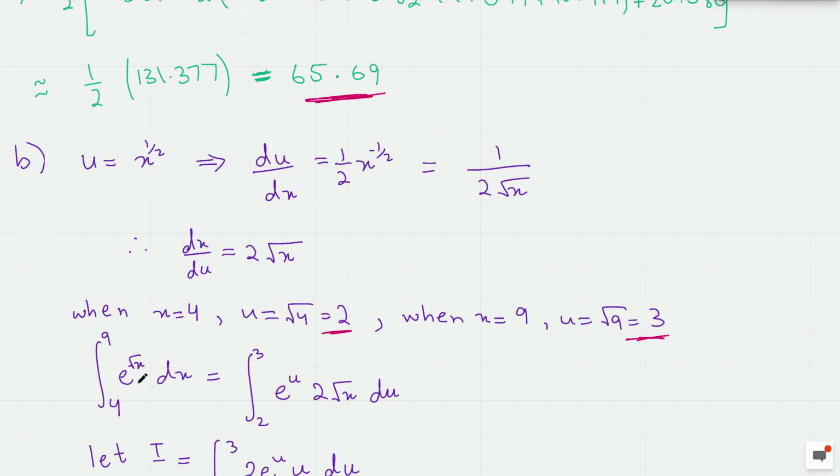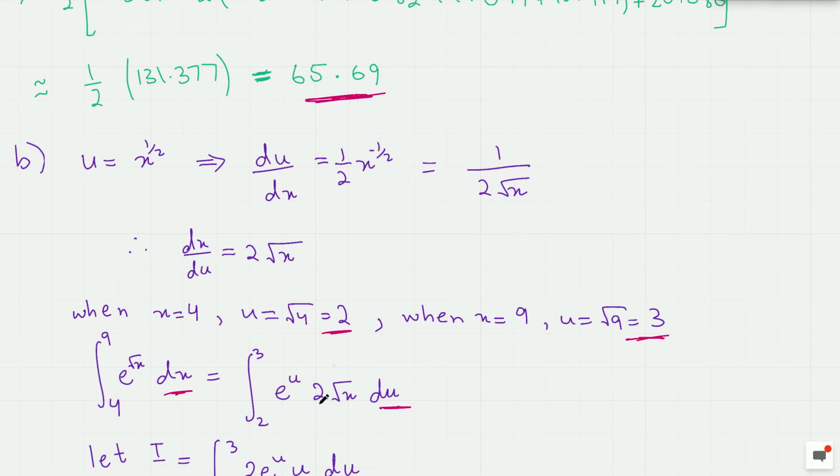Now, for integration by substitution, we write the exact same formula, but in terms of u. And we also have to change the limits because now we will be integrating with respect to u and not with respect to x. So the limits are 2 and 3, and then e raised to u because the root of x is equal to u, and then we write dx over du multiplied by du.